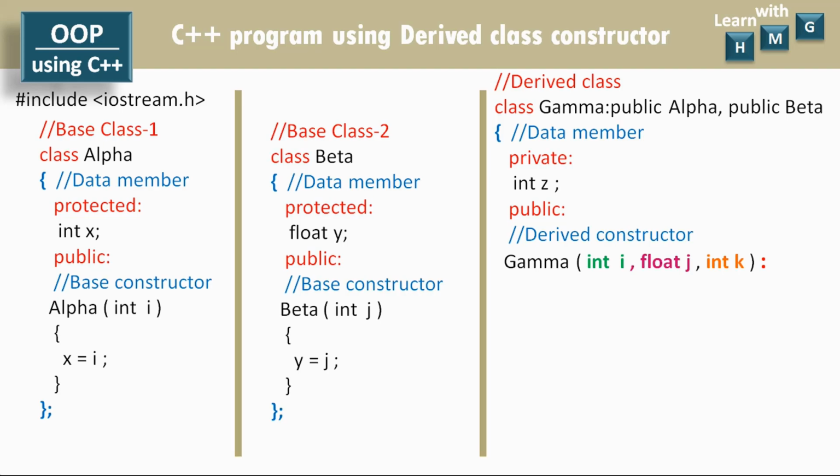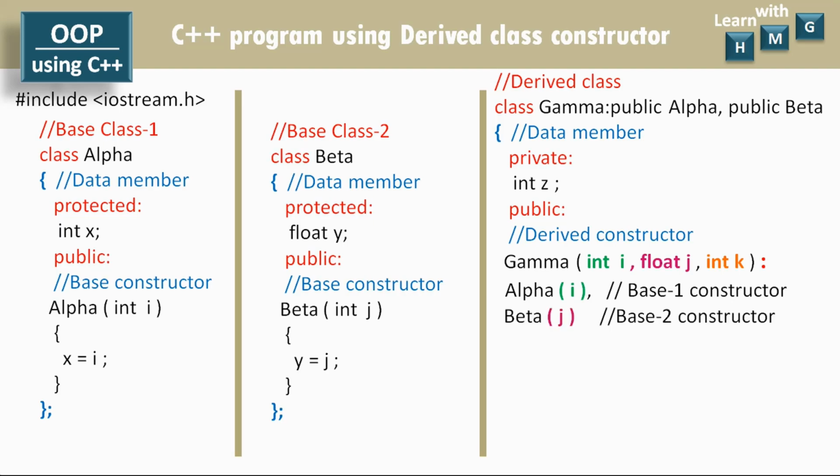Now I am going to call the alpha constructor followed by the beta constructor. So first the alpha constructor is called with argument i, and then the beta constructor is called with argument j. Now this i argument is used to initialize the data member of the alpha class, and the j argument is used to initialize the data member of the beta class.